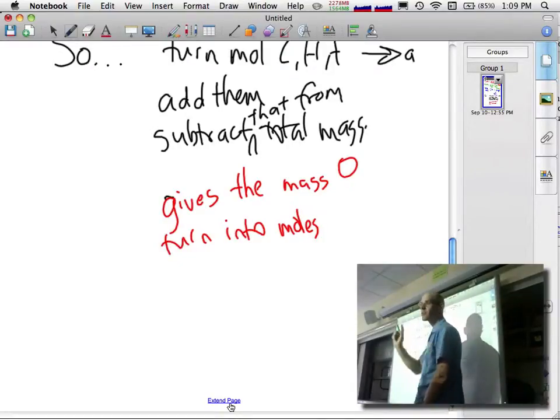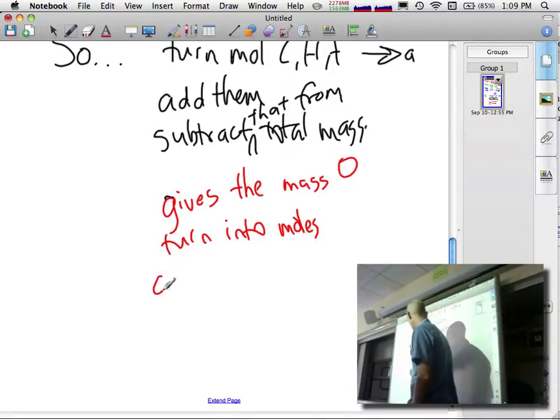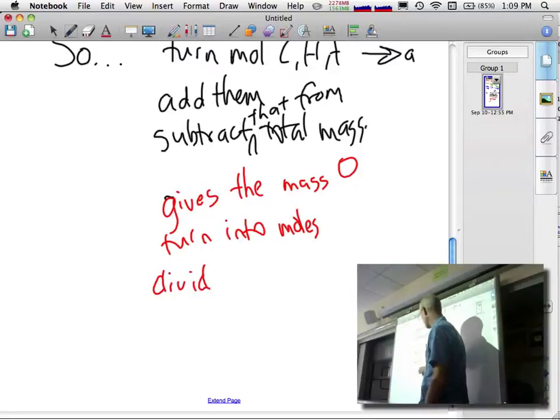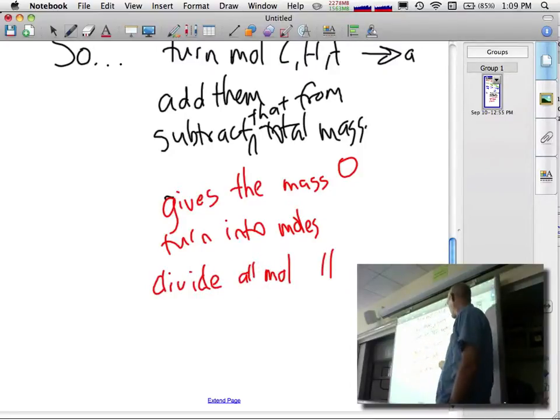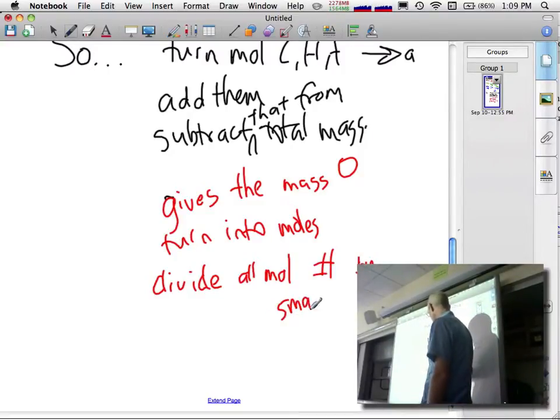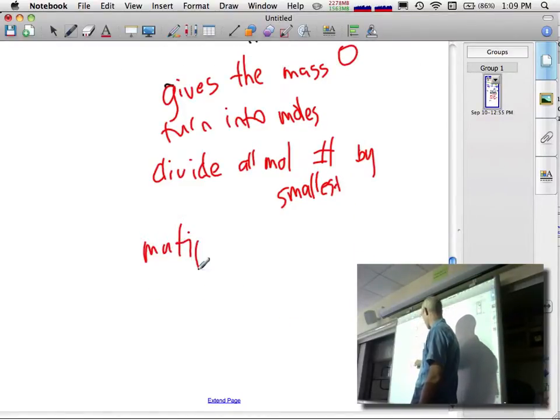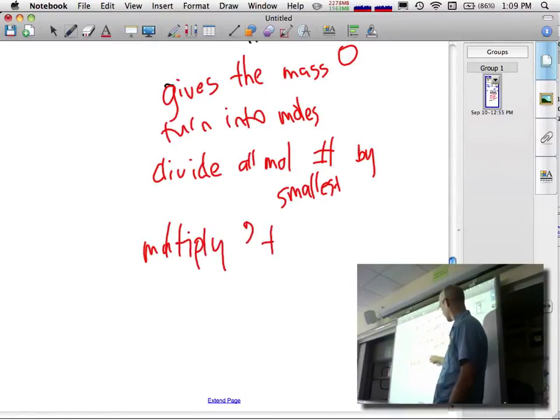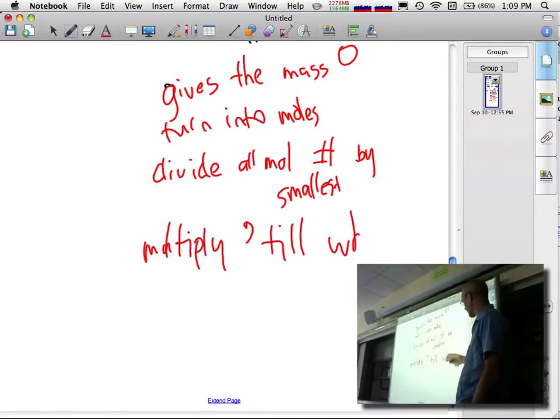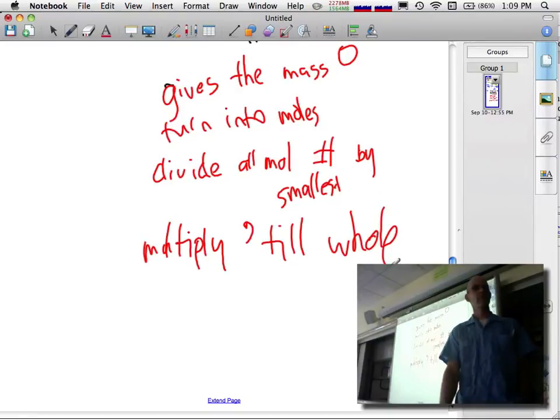And then this is the part you were talking about, Sabrina. Divide all the moles by the smallest number of moles. All the mole numbers by the smallest. And then we multiply that through the whole thing that Kyle came up with in his little poem. Okay, cool. You good?